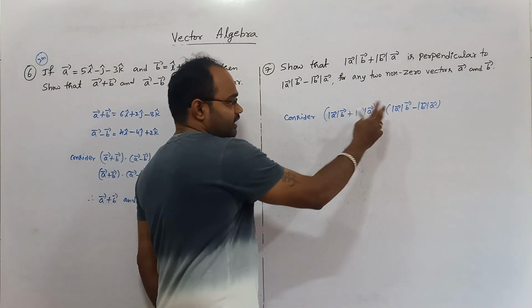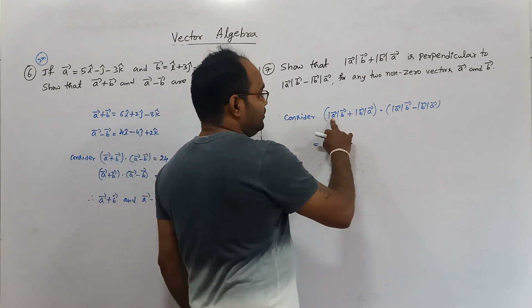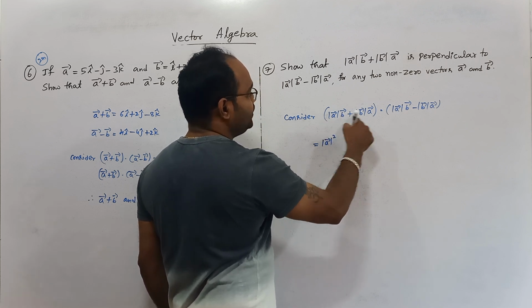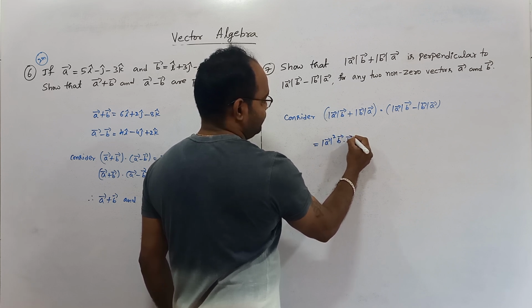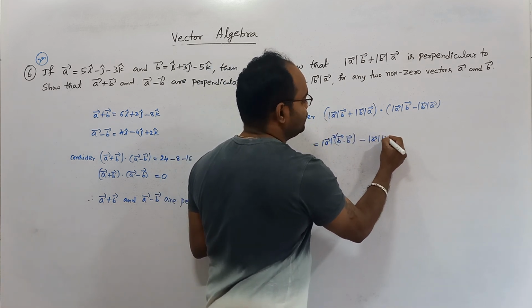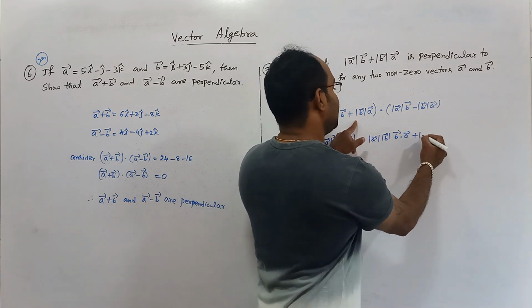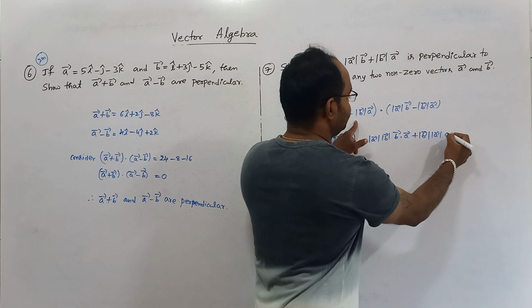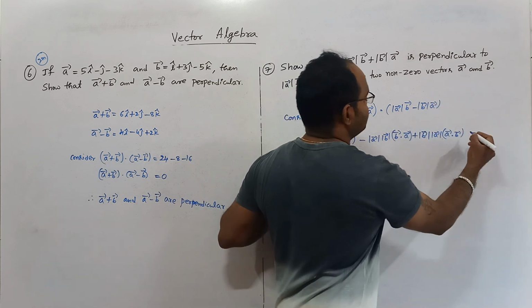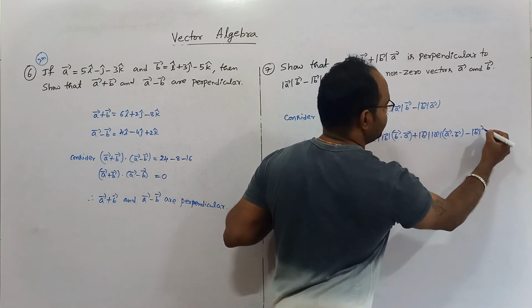So dot product can be distributed among the addition, distributive law ಮತ್ತೆ we can use it as magnitude A into magnitude A, whole square, B dot B. Next, plus into minus magnitude A magnitude B vector B dot vector A. Then plus magnitude B magnitude A vector A dot vector B, then plus into minus magnitude B whole square into A dot A.